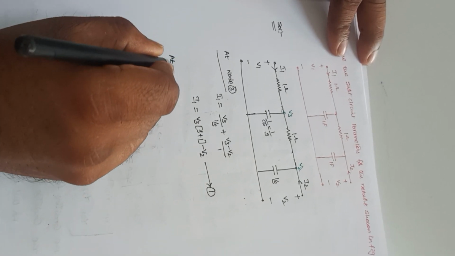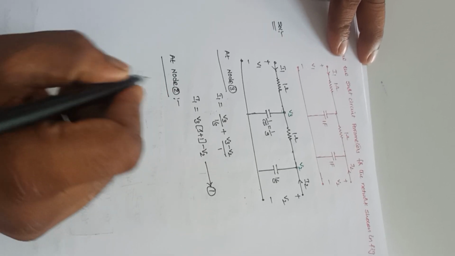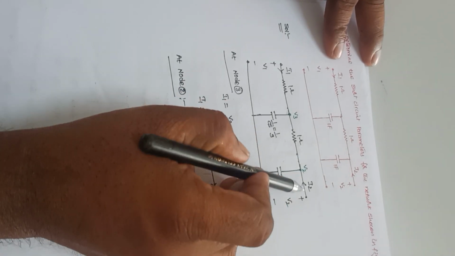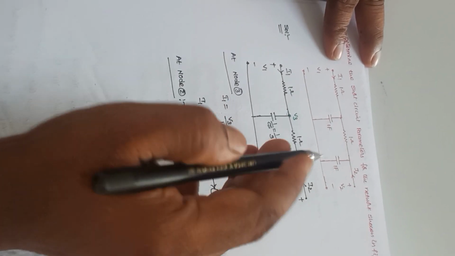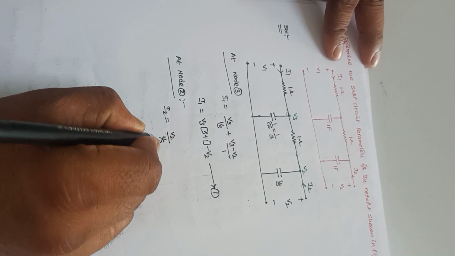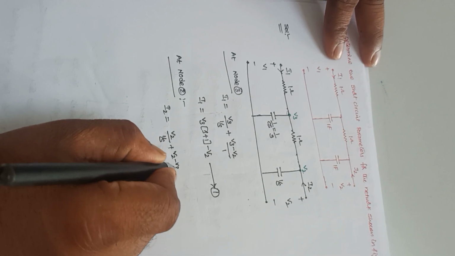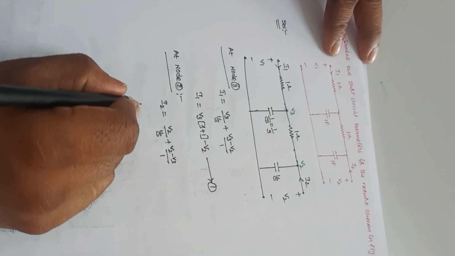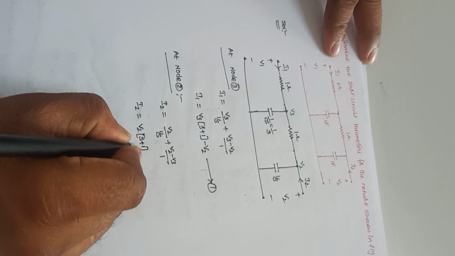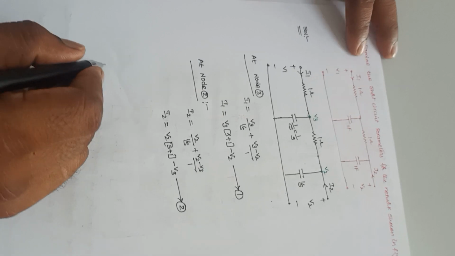Now at node 2, I2 is equal to this current plus this current. So this current is V2 divided by 1 by S, plus this current is V2 minus V3 divided by 1. So I2 is equal to, if I take V2 common here, V2 into S plus 1 minus V3. This is equation number 2.